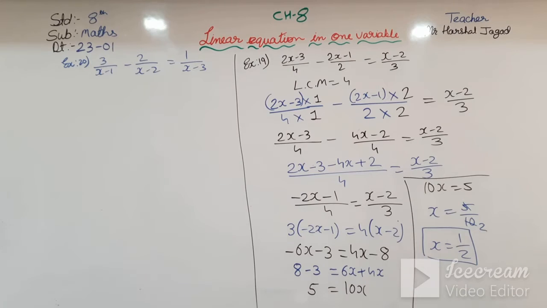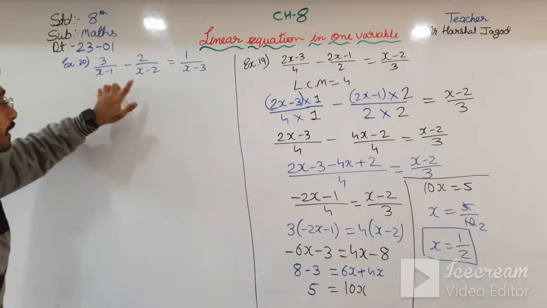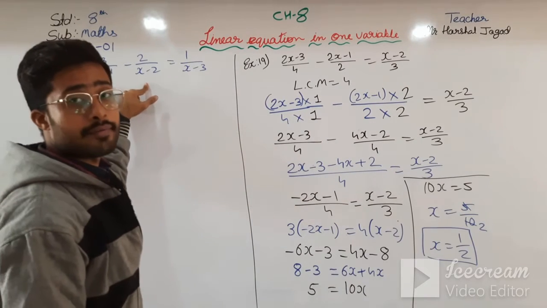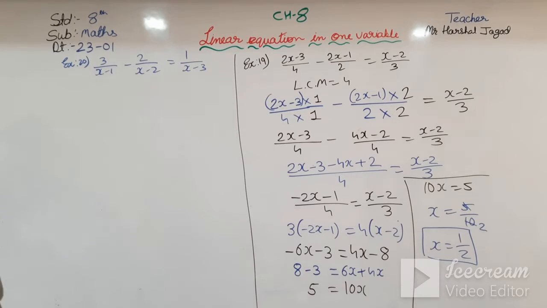So here you can see, in this it were numbers, but here you can see what is that. So we have to take first of all the LCM of it. So how we will take the LCM?